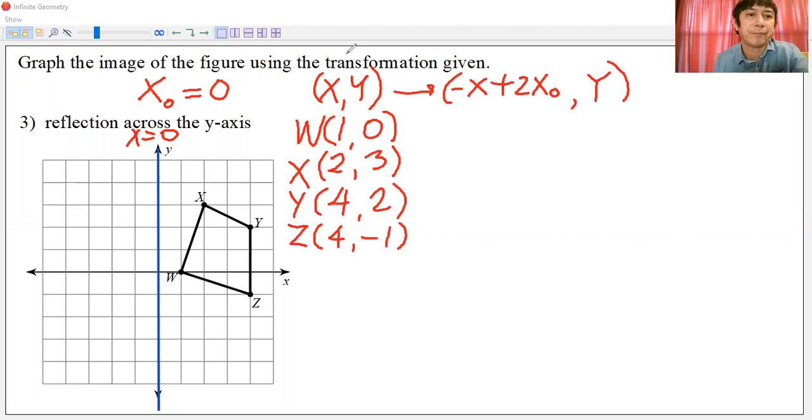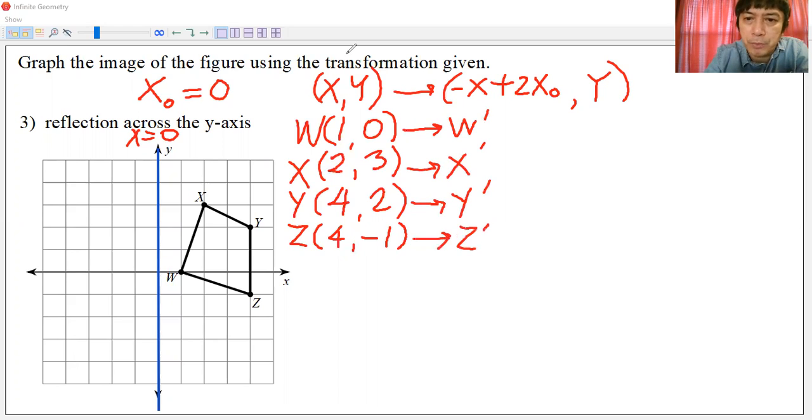There. Okay. So it's 2, 3 for X, 1, 0 for W, 4, 2 for Y, and 4, -1 for Z. All right. The reflected object, okay, we will use the points W prime, X prime, Y prime, and Z prime, okay?